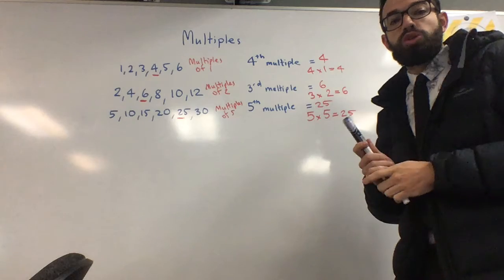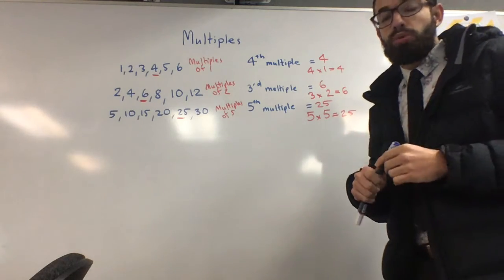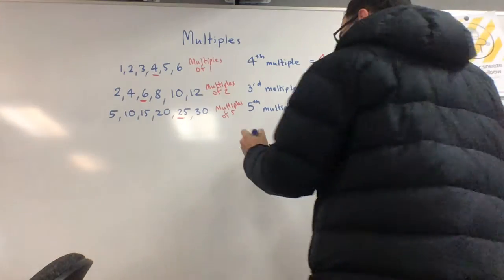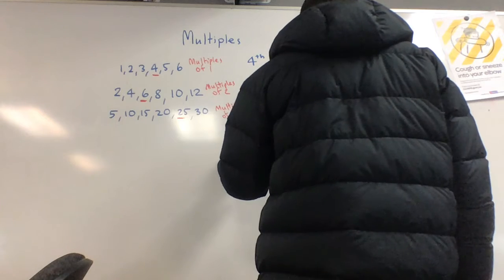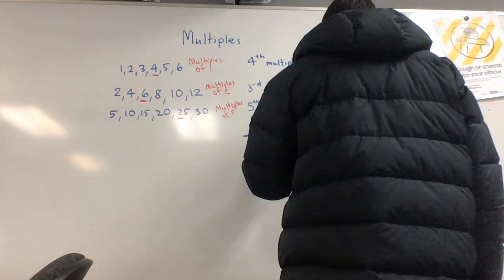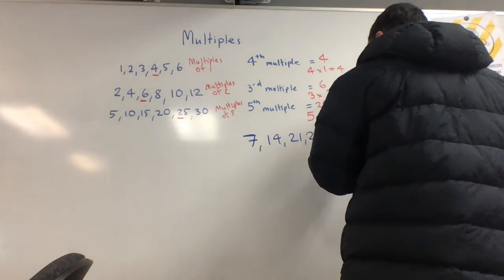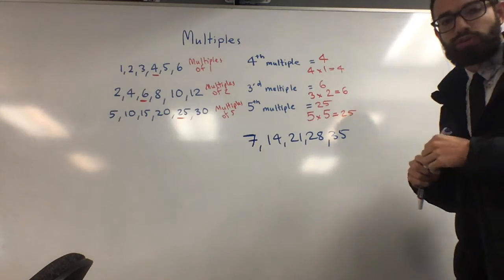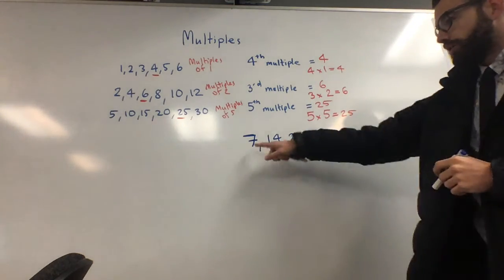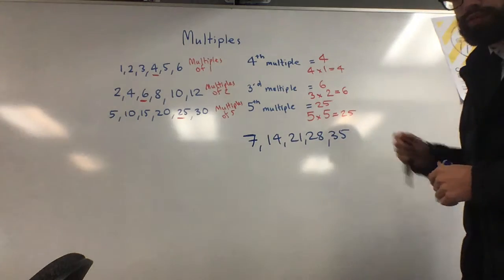What it comes down to is when you've got a much higher multiple that we're trying to figure out. So first of all, we'll go 7s. We're going to write our first couple of 7s multiples in there. Okay, so there we have our first 5 multiples of 7. Okay, 7, 14, 21, 28, 35.